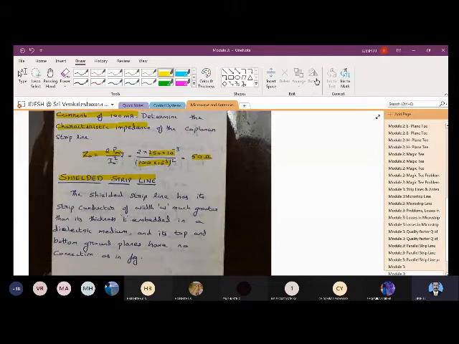All of you complete that problem. Yeah, so write down the new topic, that is shielded strip lines.